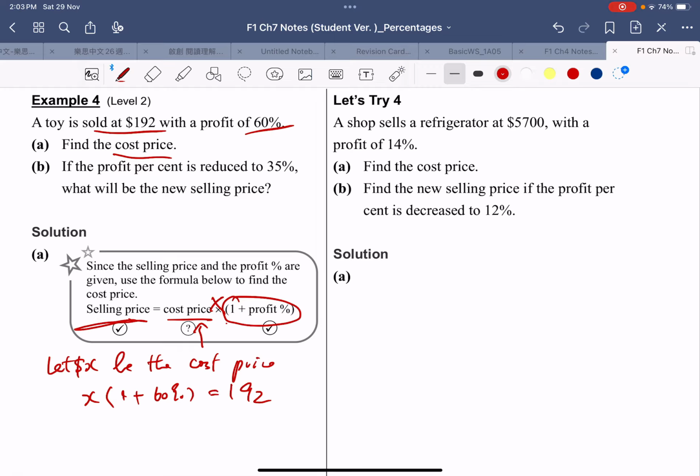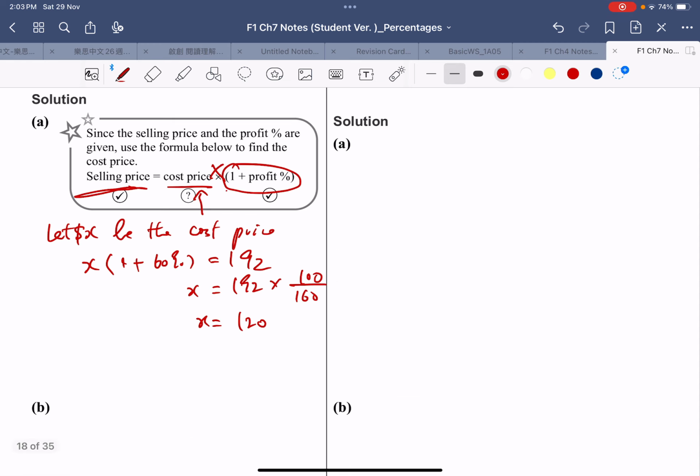This is the selling price. And then find X. So 192 divided by 160/100 gives you X equal to 120. So the cost price is $120.